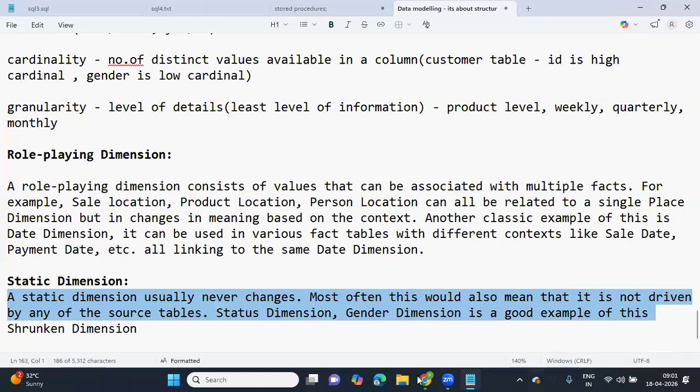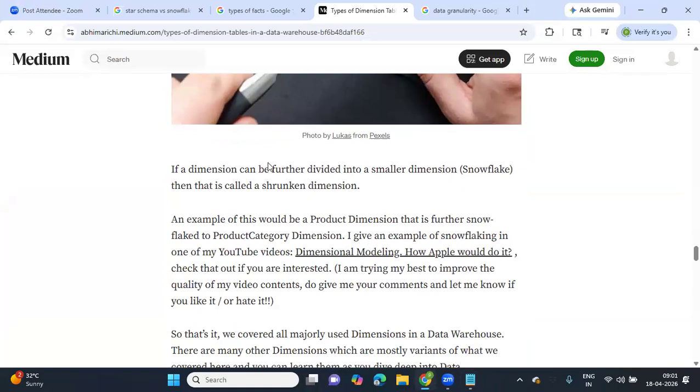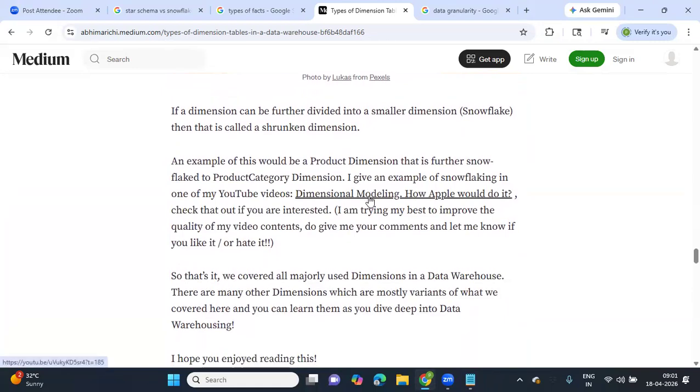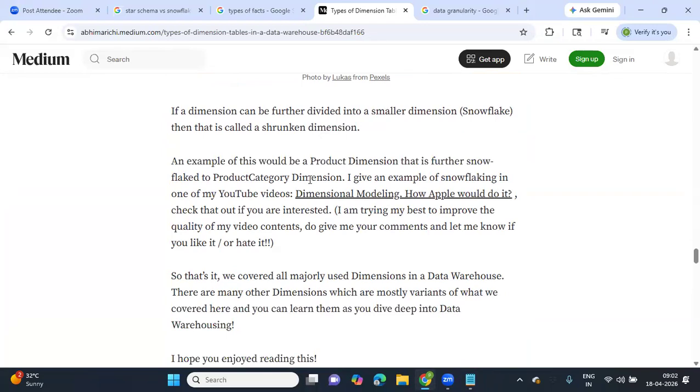And we have the shrunken dimension. Let's see. If a dimension cannot be further divided into smaller ones, it is called a shrunken dimension. I mean, it's a minimum level of information. An example of this would be a product dimension that is further snowflaked into product and product category. We have already seen this. The product table, we are able to split into the product table and the product category table.